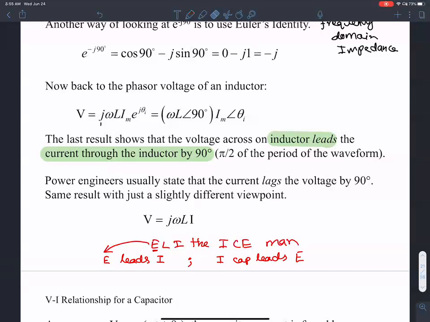ELI the ICE man is something we want to use to remember the relationship between the voltage and the current.